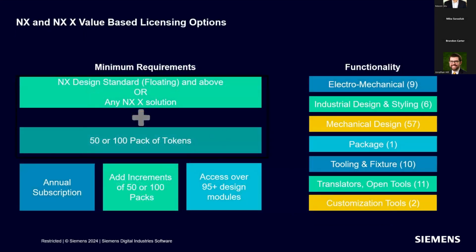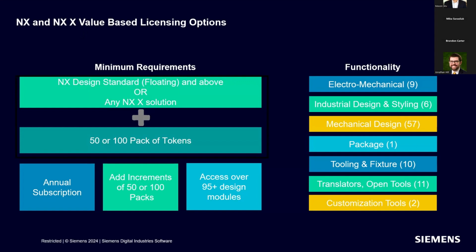The other piece for some of these is our value-based licensing. We have both for the NX initial licenses I showed and our SaaS solution. What this does is give you access to over 95 individual modules. We package as much as we can into the bundles, but there are some functions that are not included in every bundle.